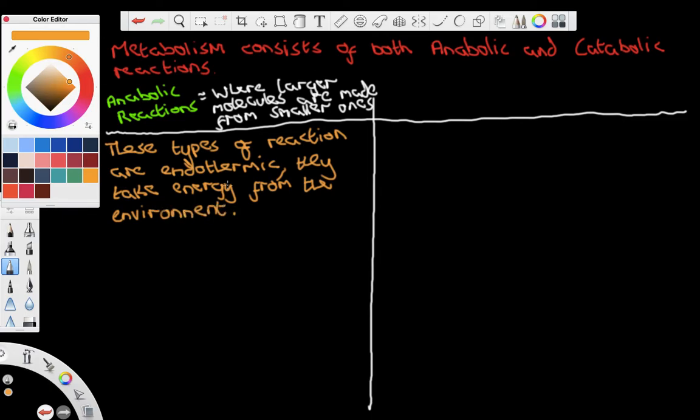So anabolic reactions are where larger molecules are made from smaller ones. These are endothermic. So, for example, glucose can be joined to form starch.